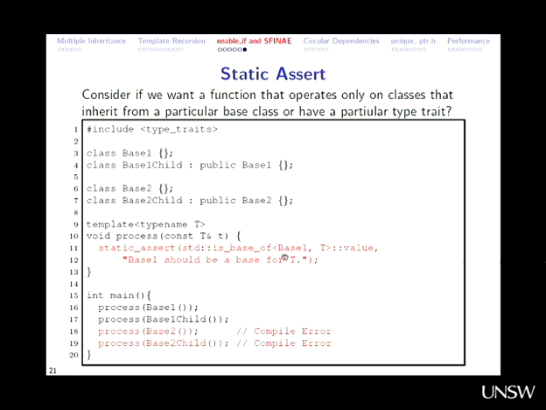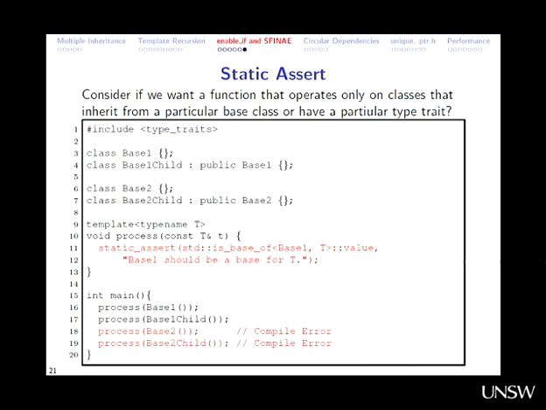Is base 1 child a base of base 1? Yeah, it is, because base 1 child inherits from base 1. However, if I attempt to compile with base 2, base 2 isn't a base of base 1, so there's a compilation error there because of the static assert. So static asserts allow us to basically put into the compilation stage of our code checks to make sure people are doing the right thing with our code.